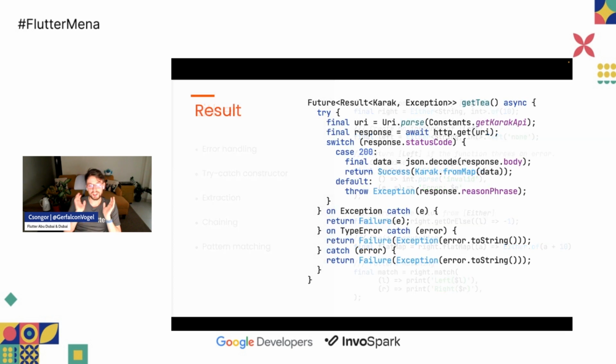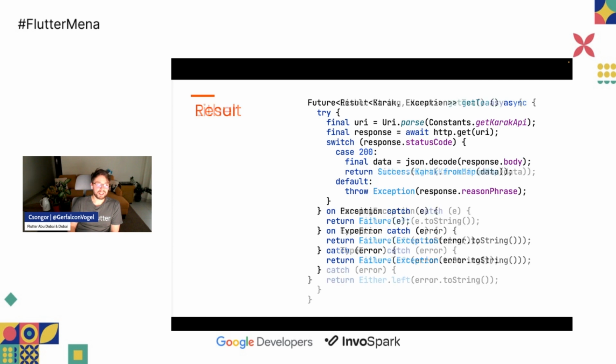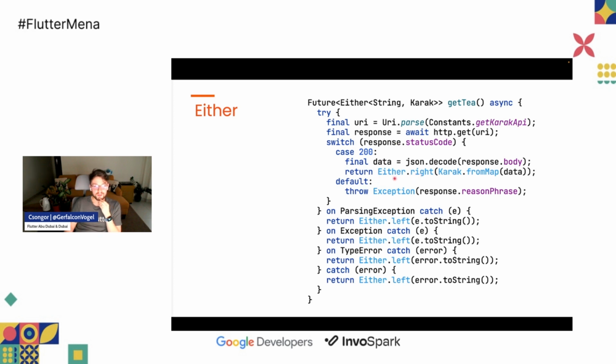So, for example, if you still remember the small example and implementation we wanted to do, instead of the result object, we can easily migrate everything to Either. So instead of returning a success type, we can return an Either.right. Otherwise, if there's any issue, we can return the left side of this Either. Why is it good?